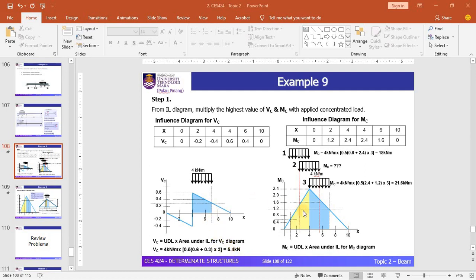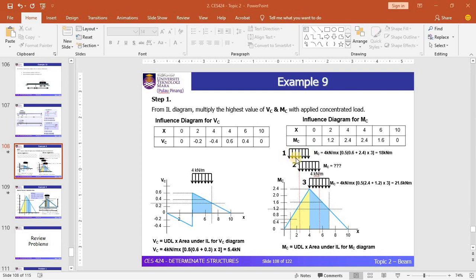Let's move on to the bending moment. Okay, so for the bending moment, it's quite tricky. You can see that there are three possibilities that can give the value of maximum bending moment for the problem, that means the maximum positive value for the problem. By looking at the diagram, you can see that the entire diagram is positive. Let's look at the possibilities here.